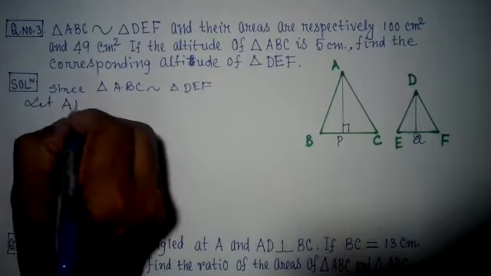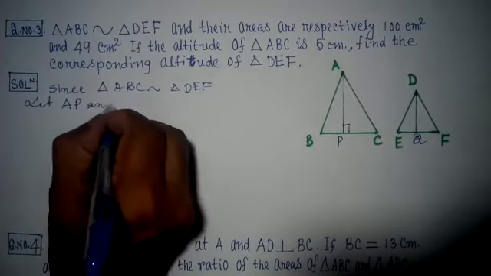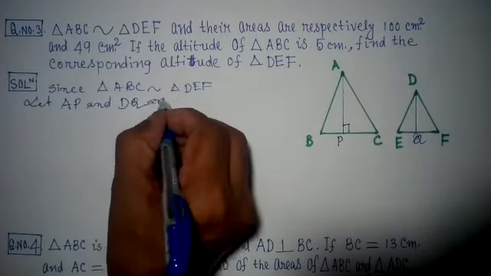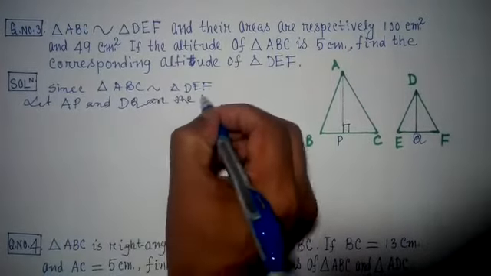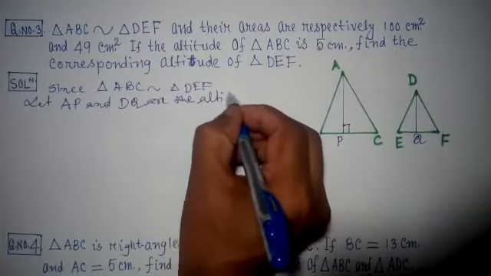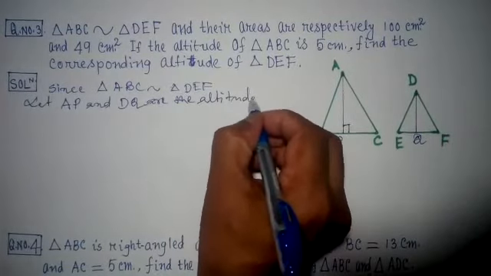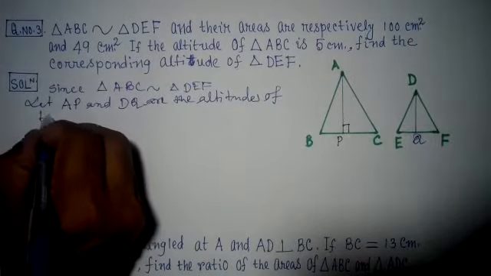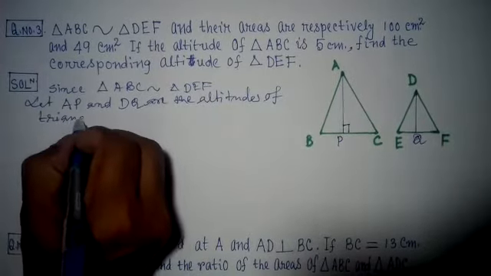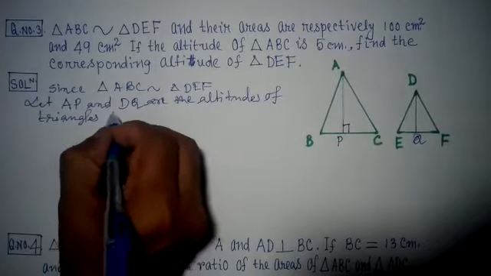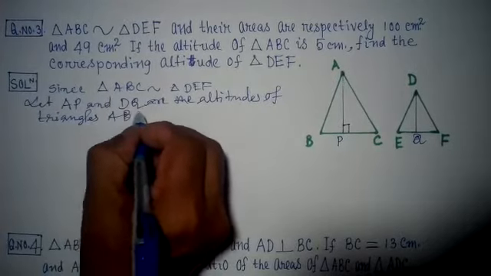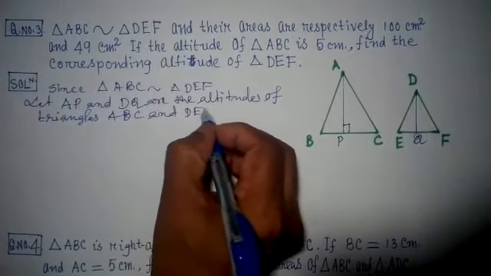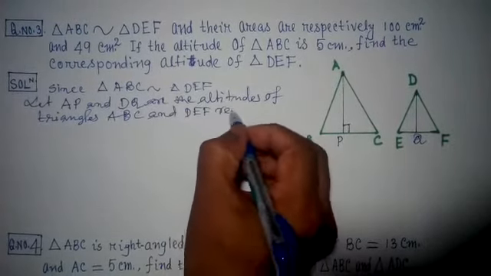So we can write, let AP and DQ be the altitudes of triangles ABC and DEF respectively.